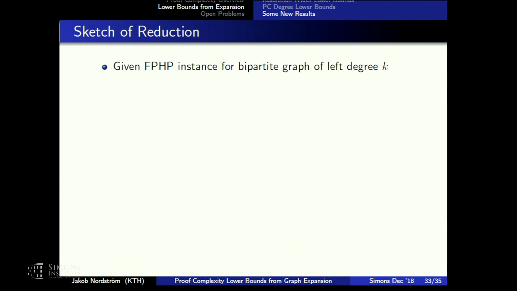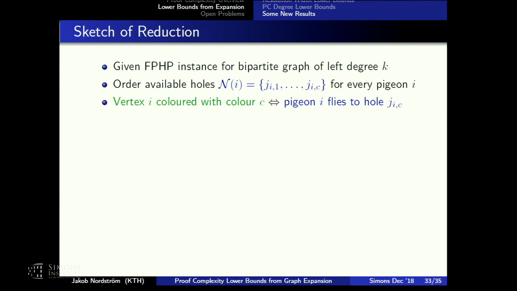So, good. We have a functional pigeonhole principle instance on an expander graph with left degree k, where k is like the number of colors. So for every pigeon i, we have k available holes. We think about every pigeon as being a vertex, and we color it by the edge it chooses.